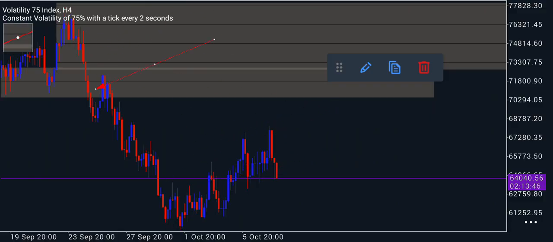A high, a low, lower high, a lower low, lower high, a lower low. All this is one low. And then the market now is trying to retrace back to this zone before continuing.